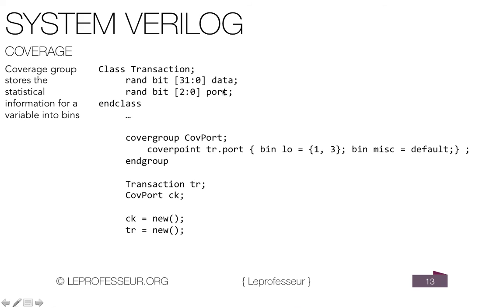Another important piece in SystemVerilog was the coverage. Remember, we were talking about the coverage. It helps to get better coverage. So what we can do in each class, you have, say, data randomize, port randomize. You are using the rand keyword on that. In the same class, you can also define a covergroup and coverpoint. When you define covergroup and coverpoint, this basically stores the statistics about different items which you are randomizing in bins.